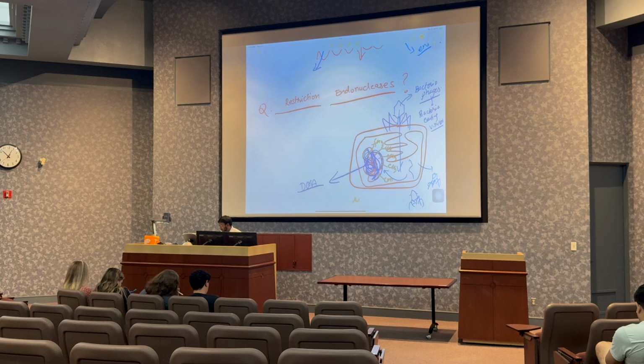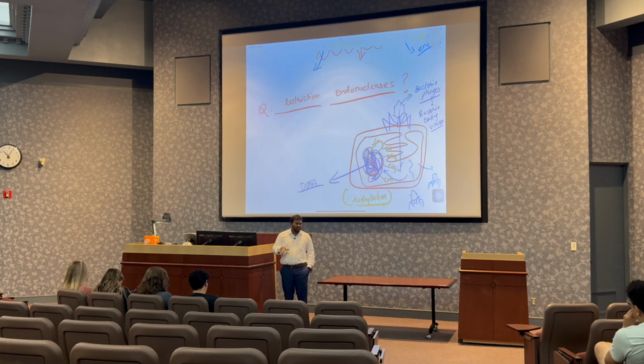I call this methylation. This is not written in the slides, it is just the general concept to understand what restriction endonucleases are. So they have protected their DNA by methylation, which is the addition of methyl groups to the DNA, and those methyl groups protect them from the bacteriophages.